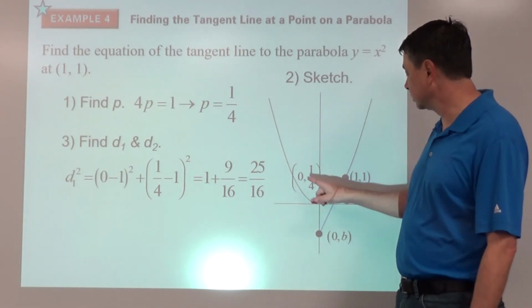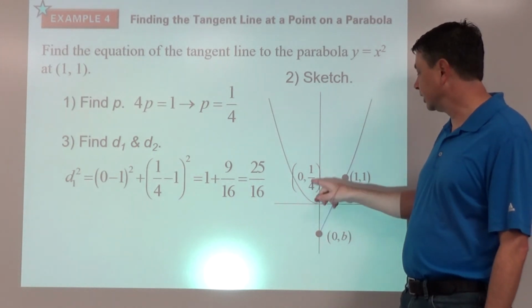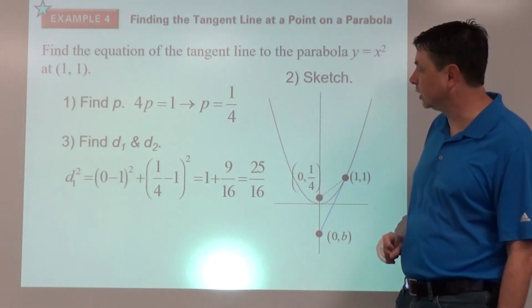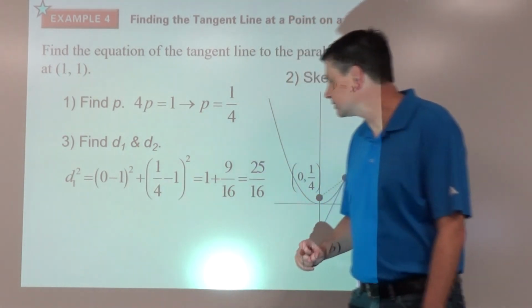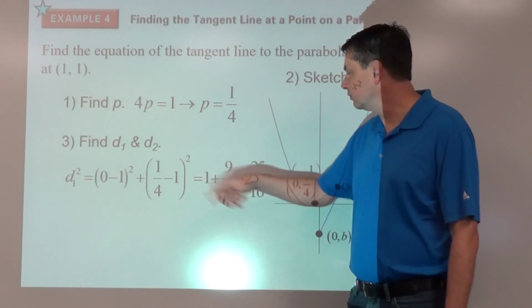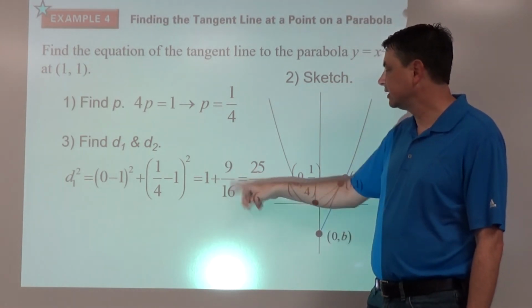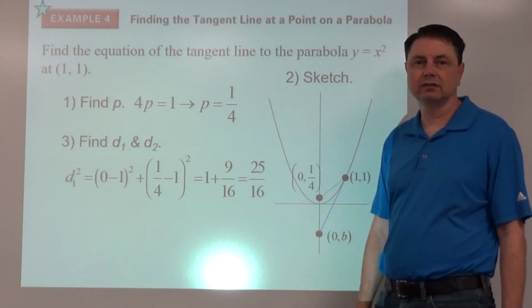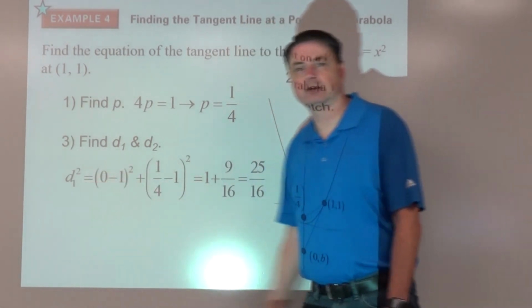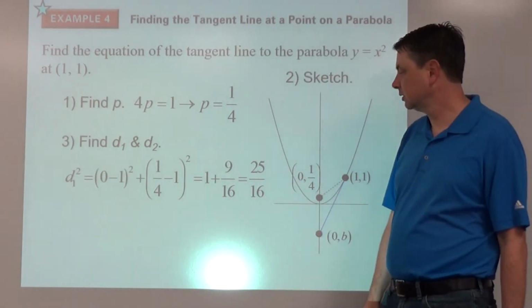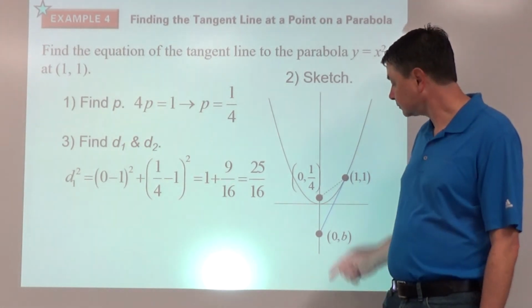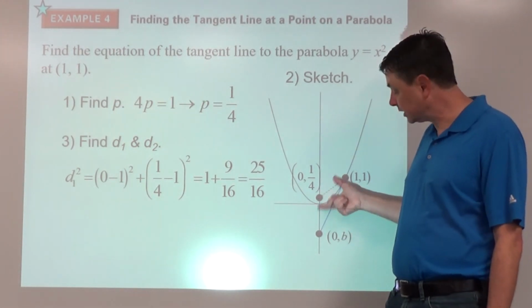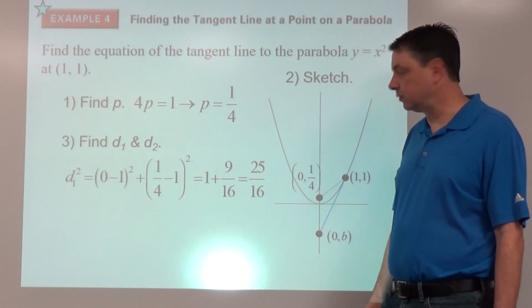Distance squared is equal to (0 minus 1) squared plus (1/4 minus 1) squared, which is 1 plus (-3/4) squared, which is 9/16, so we get 25/16 for d1 squared. If we square root that, we get 5/4. So if this length is 5/4, then this length has to be 5/4.